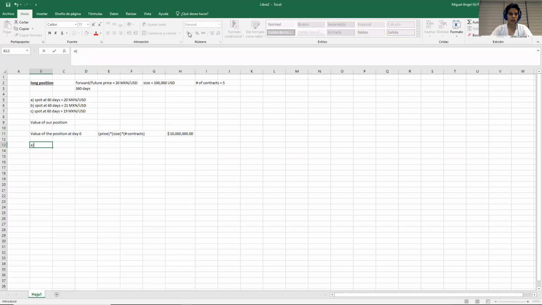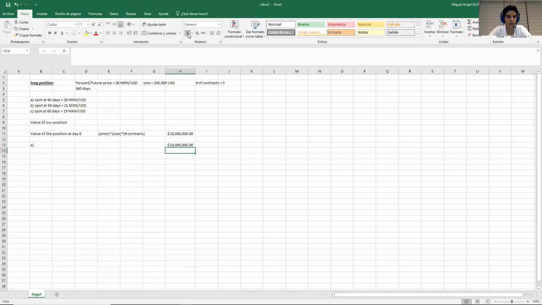And then I need to calculate the same thing, but using these rates. What will be the value of my position at 20? What will be the value of my position at 21? And what will be the value of my position at 19? So let's do that calculation. At 20, it will be exactly the same thing: 20 times 100,000 times 5. It will be the same.